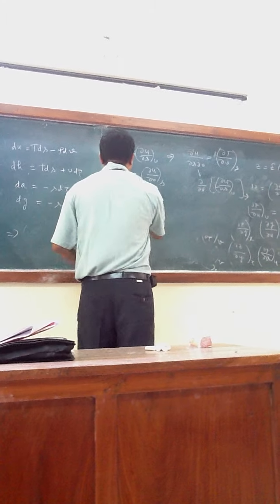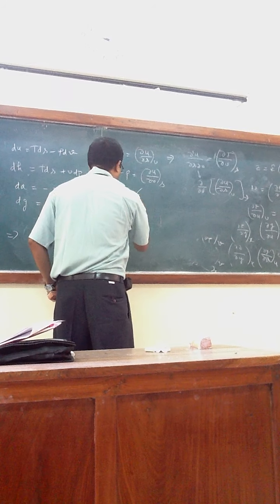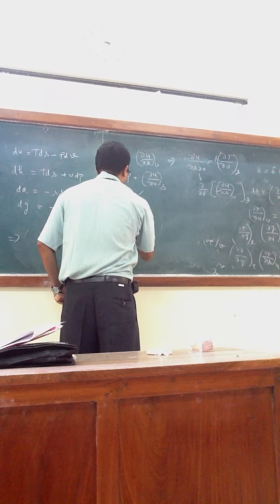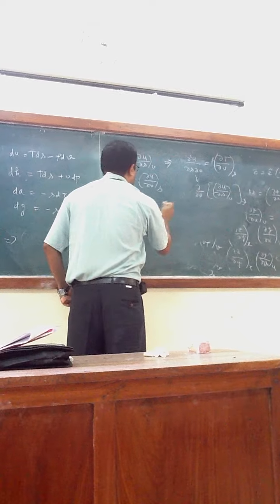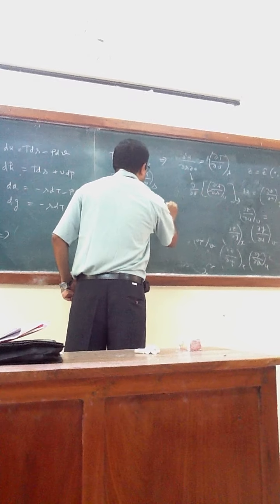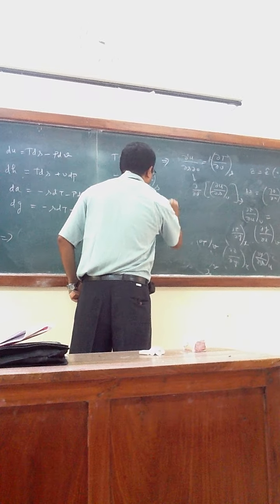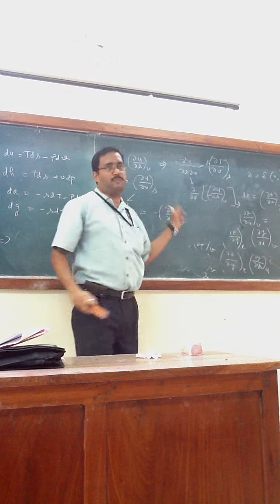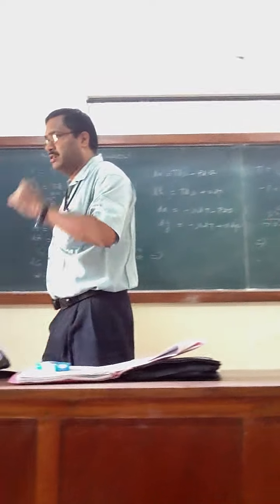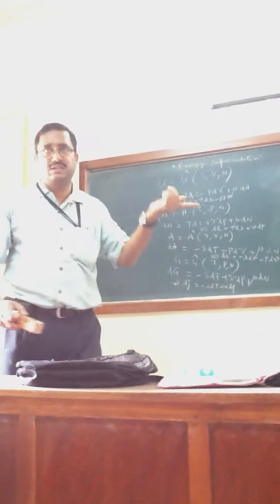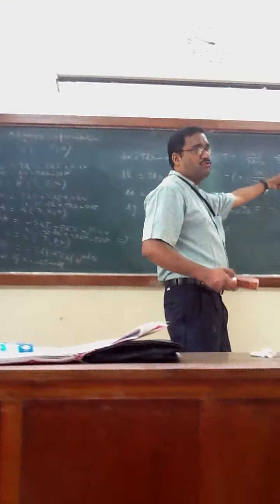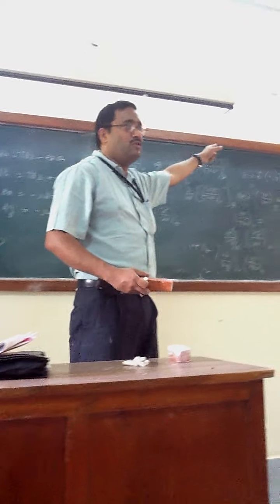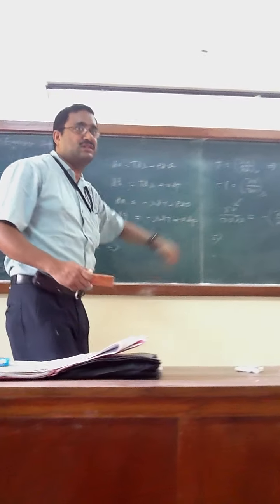Same thing, from here what did you get? ∂²U/∂V∂S, which is minus ∂P/∂S at fixed V. So since U is a thermodynamic property, ∂²U/∂S∂V equals ∂²U/∂V∂S. So this double derivative will be the same whichever way you take it, because a thermodynamic property is independent of path, which you have done in the first class.